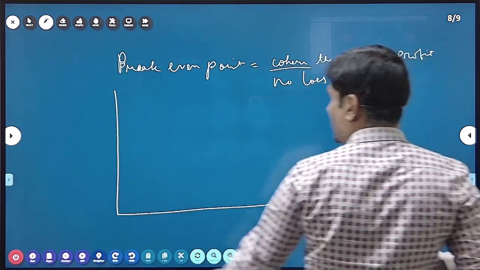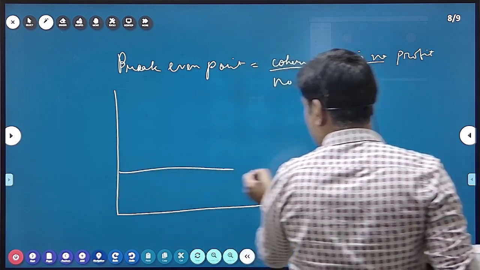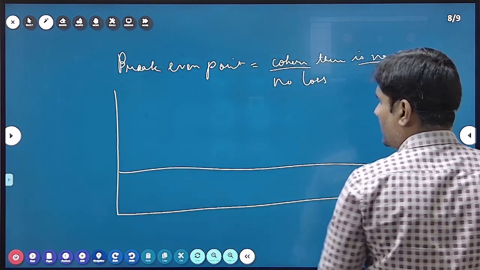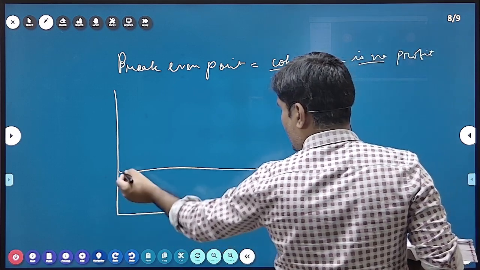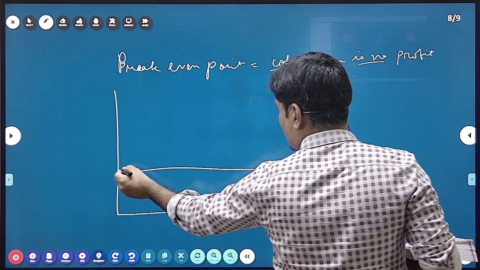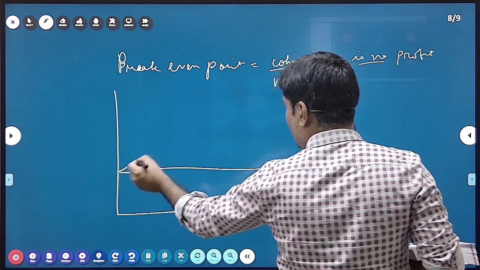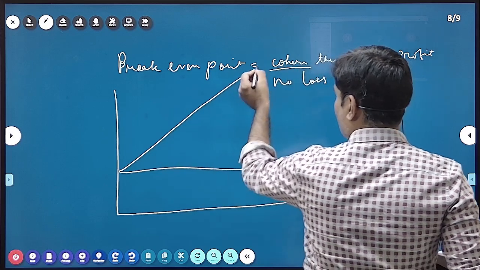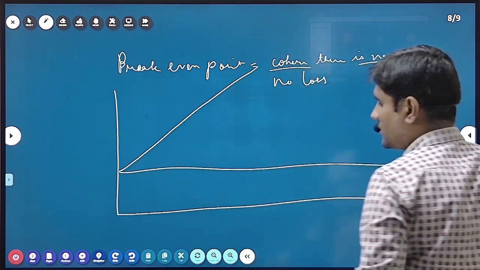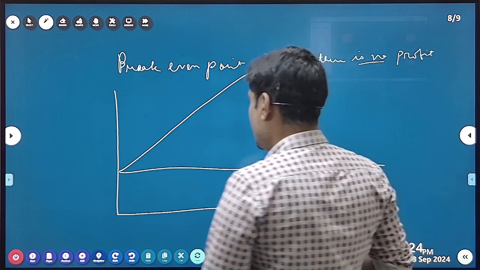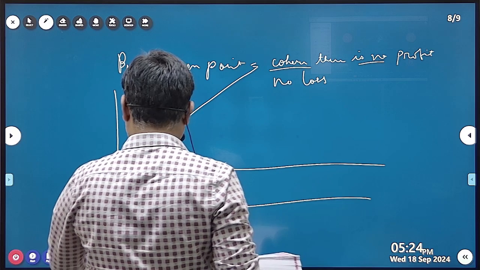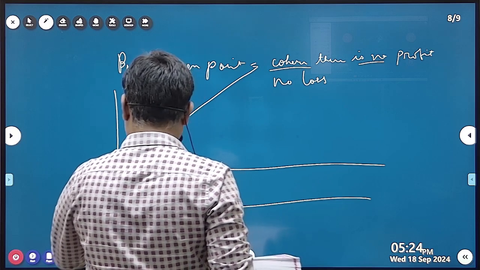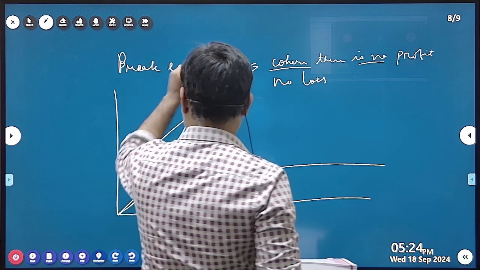If we put, say, this is your fixed cost, then your total cost will start from here. If we add variable cost, then your sales will start from here.